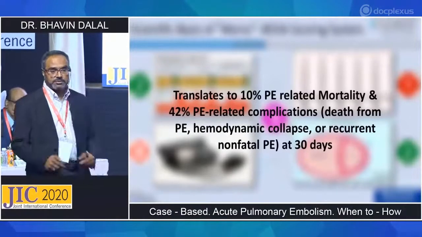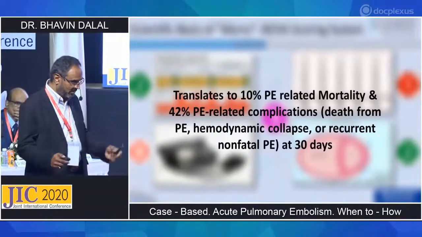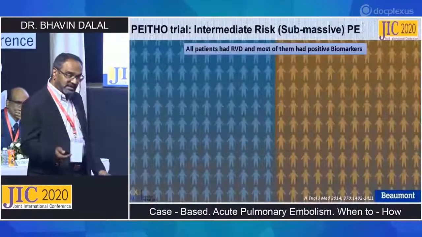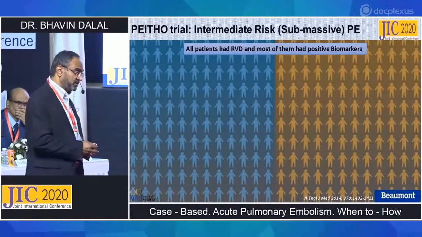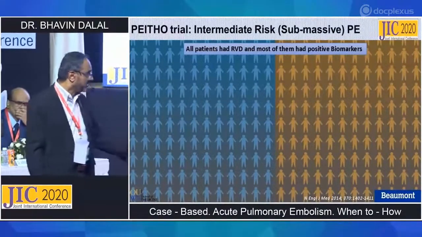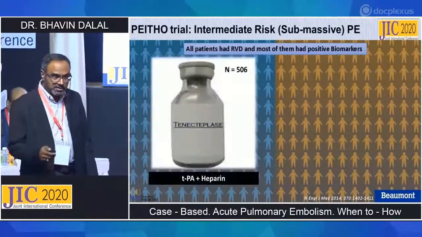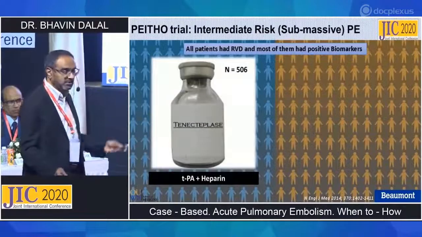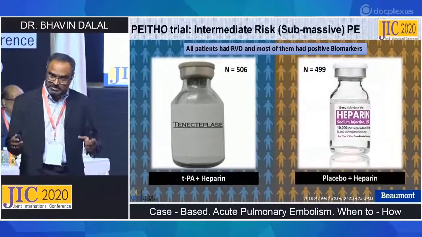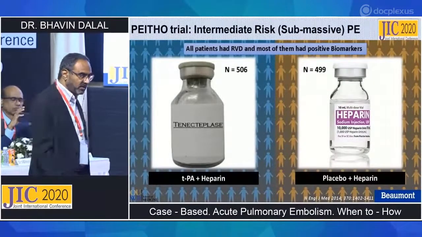So even though the patient had not hemodynamically collapsed, would you thrombolyse or not? That's the question. This is the largest trial so far in the history of pulmonary embolism, known as the PEITHO trial, published in JAMA in 2014. They randomized 500 patients to the thrombolysis arm and 500 patients to the heparin arm, which is our conventional, standard traditional therapy.